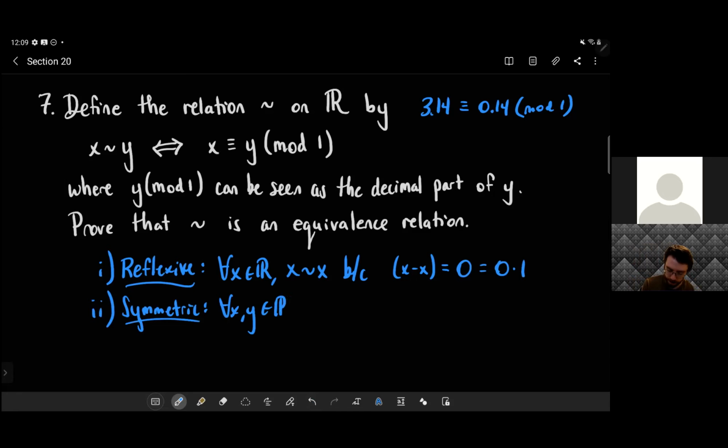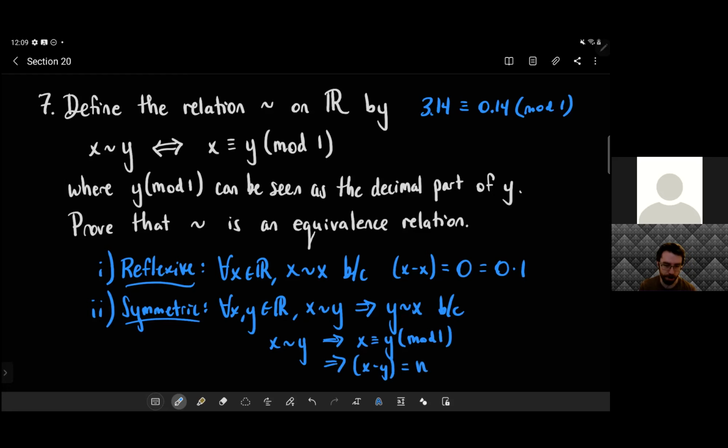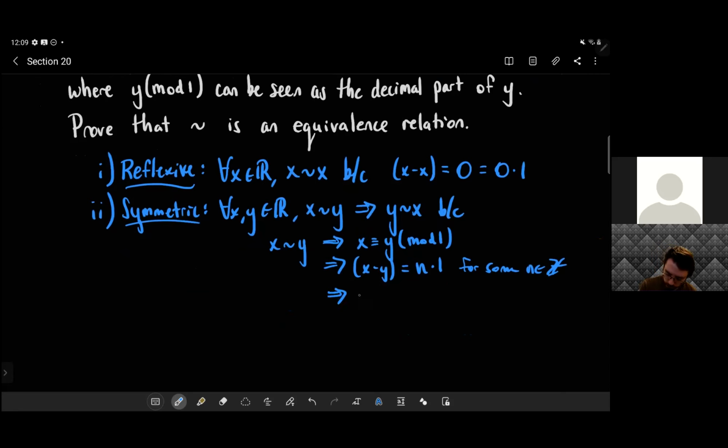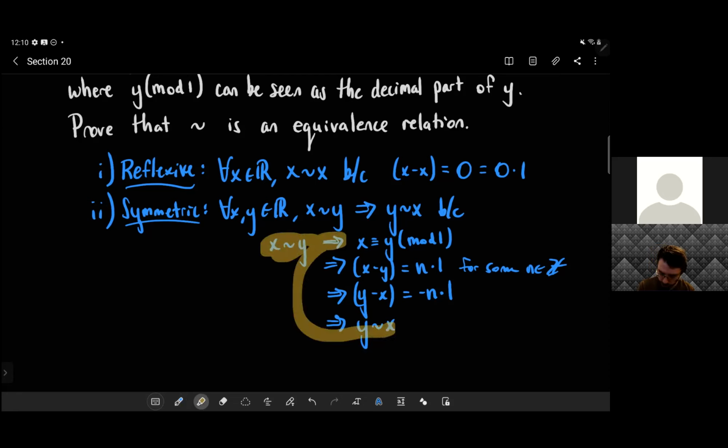For symmetry, you want to show that for any pair of real numbers where X is related to Y, you want to get Y related to X. That's true because X related to Y is the same as saying X is congruent to Y mod 1, which is the same as saying their difference is an integer, so multiple of 1, some n in Z. But lo and behold, it's the same as saying Y minus X is negative n times 1, which is the same as saying Y is congruent to X, which is what we wanted, right? This implies this. Ta-da.